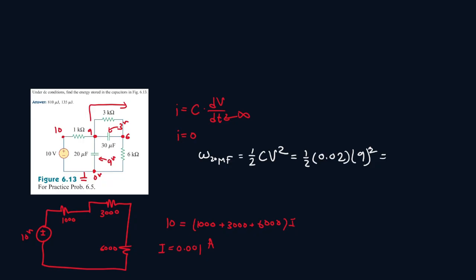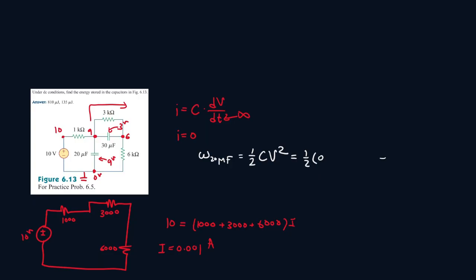And that gives me 0.81 joules. Now for the 30 microfarad capacitor. Wait a minute. Sorry, I made a mistake. It's 20 divided by 1 times 10 to the power of 6. Sorry, you're supposed to divide it by 1 million, not 1000. My mistake.